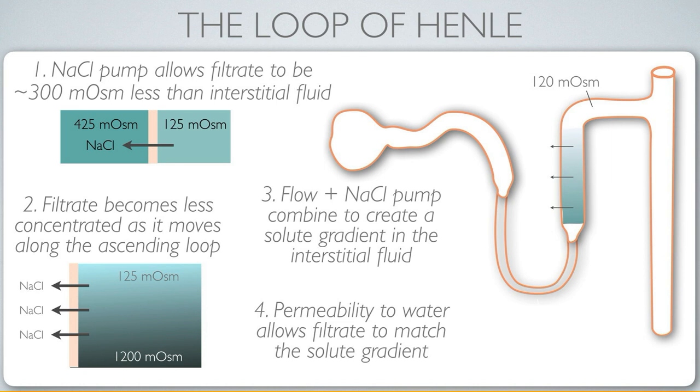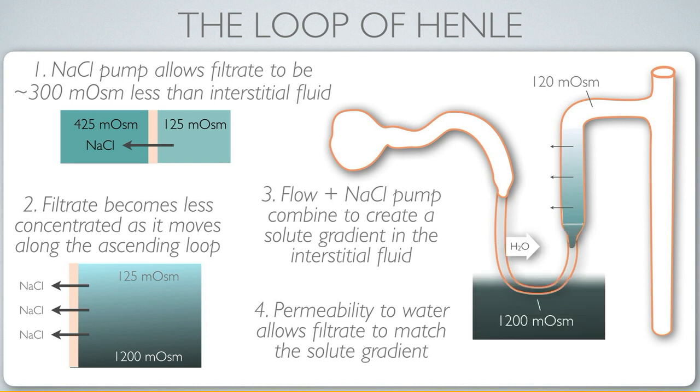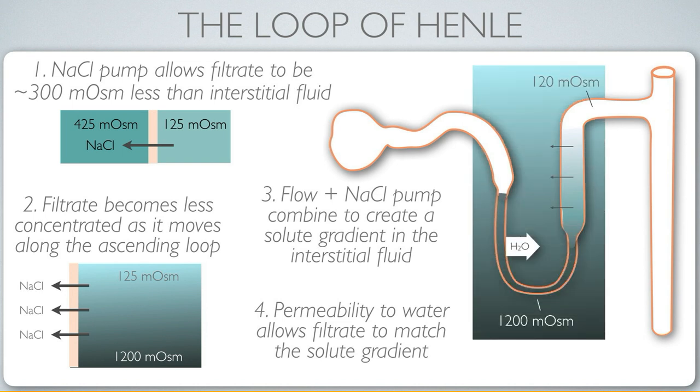So what we have here is a feedback between the ascending limb, which creates this spatial gradient, that in turn, because we have a high concentration towards the medulla, is going to set the osmolarity of the descending limb. And that's through the loss of water, which now is driven by the interstitial fluid osmolarity gradient.